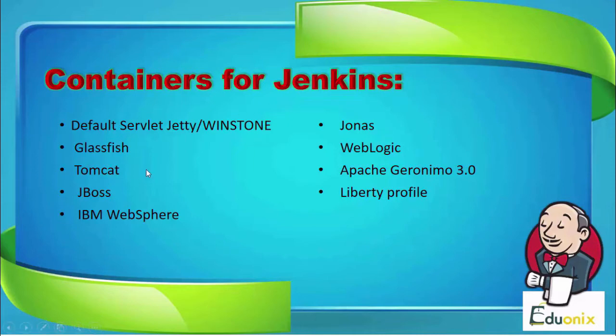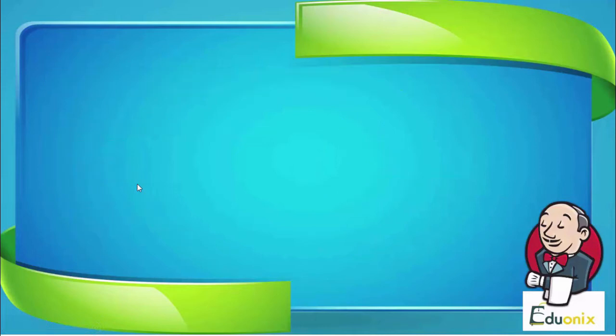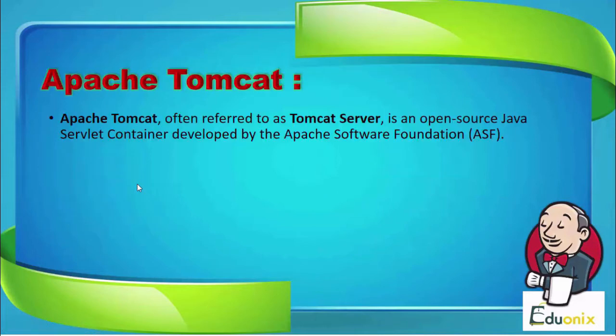Here I'm going to use a very popular one which is used in industry most of the time, that is Tomcat. So let us see what Tomcat is. Tomcat is also called a Tomcat server once it is installed and configured on your machine. It is an open source Java servlet container developed by the Apache Software Foundation.